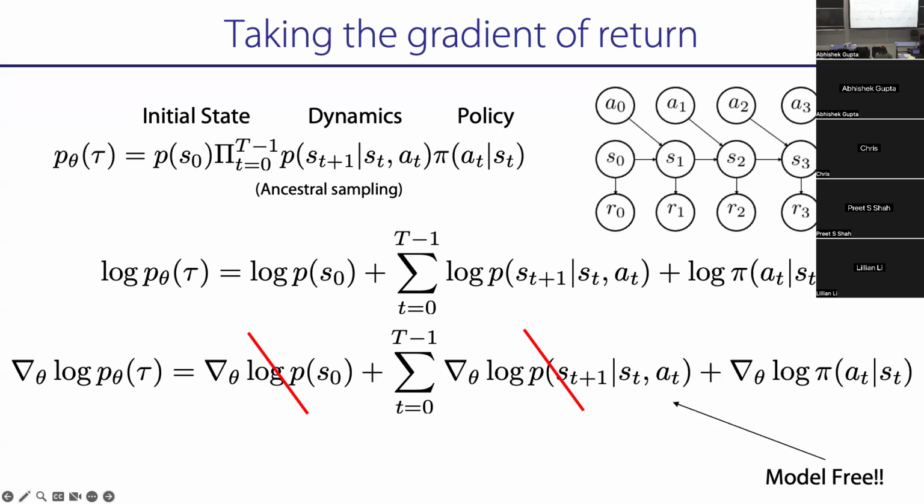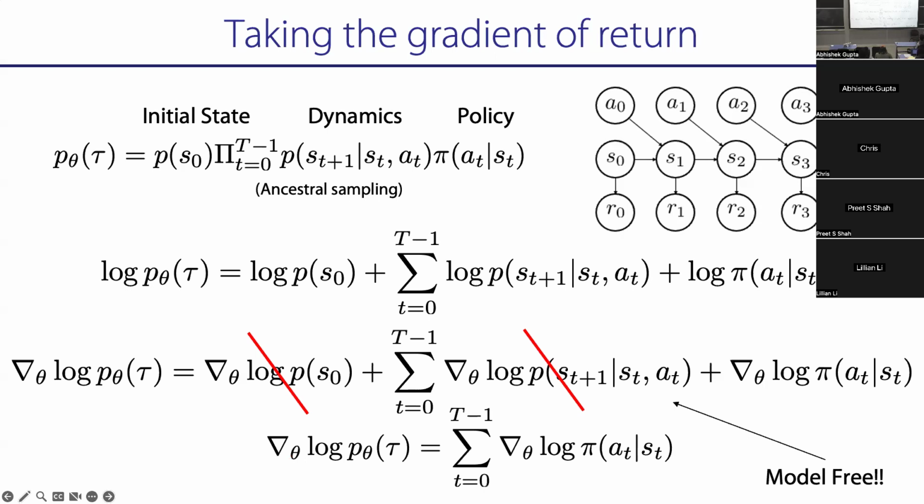What this allows us to do is say that grad theta log p theta tau is just the sum from 0 to the end of grad theta log pi theta of a given s. And this is completely computable with auto differentiation, because pi theta is something you completely control. It's your policy. So all you need to do is stick your state into pi theta, get your action, and do torch dot backward.